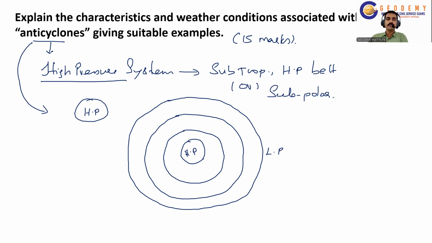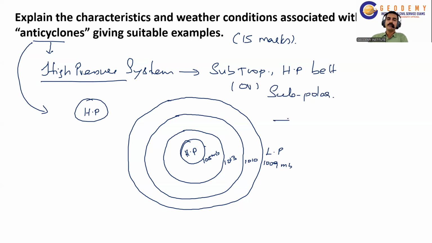For example, if it is 1015 millibar, gradually it will decrease to 1013, 1012, 1010, 1009 millibar. Due to the high pressure in the center and low pressure outside, the wind will blow from center to outward.